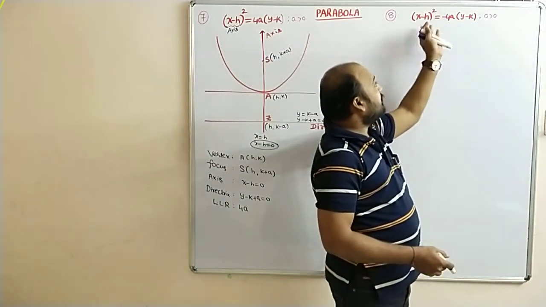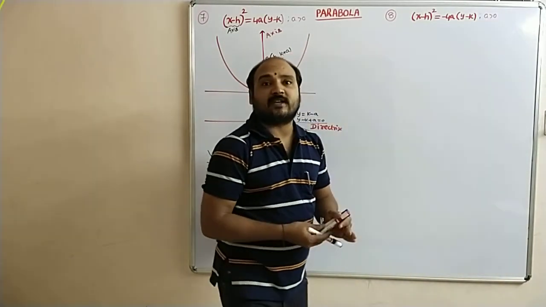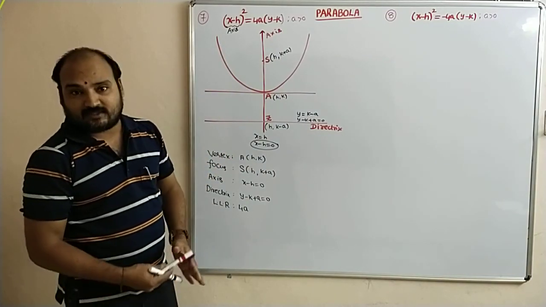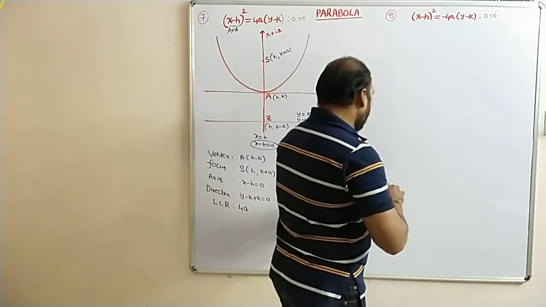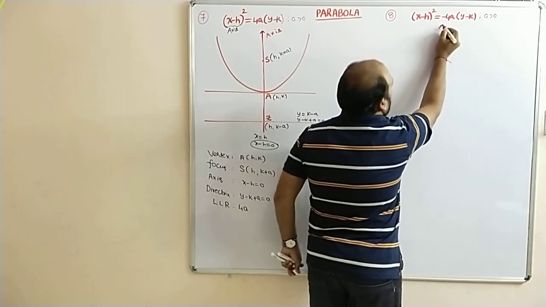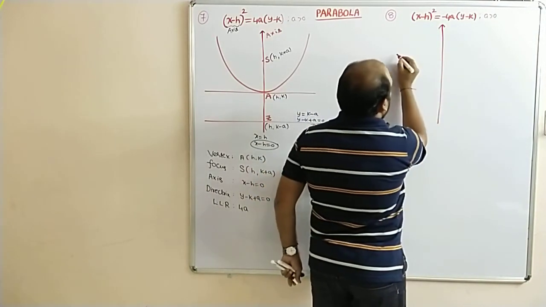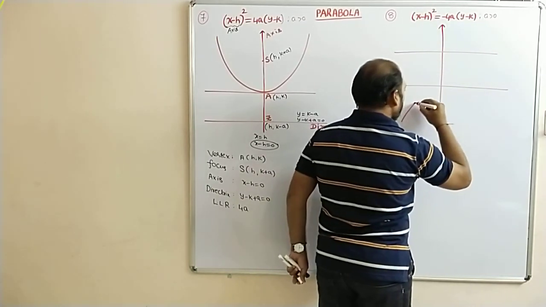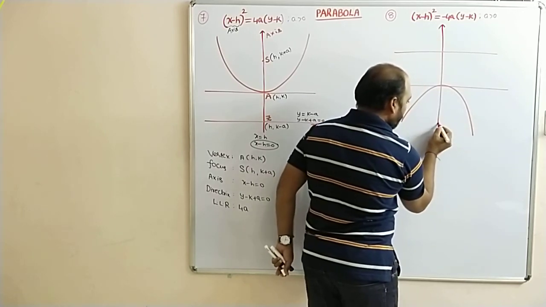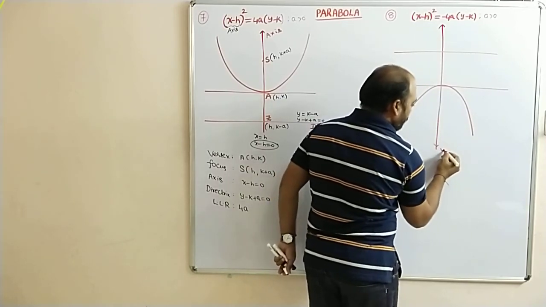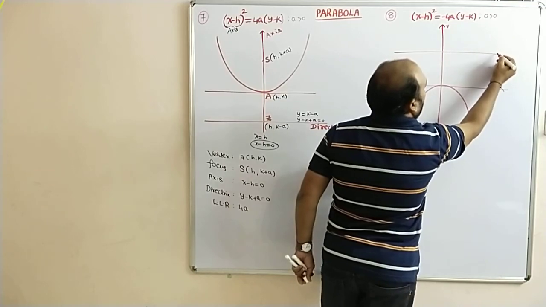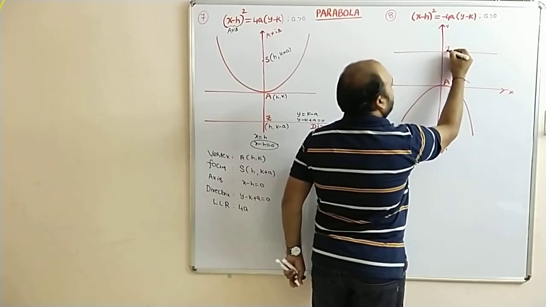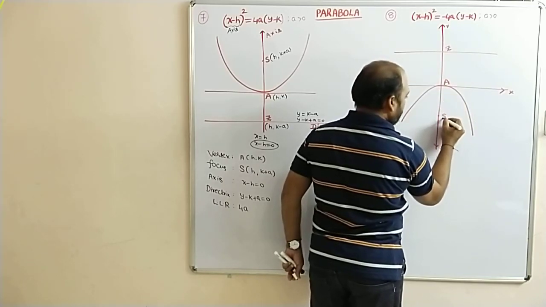Next, x minus h whole square equal to minus 4a into y minus k. The parabola is a downward parabola. It is symmetric about negative y axis. So the figure will become: vertex, Z, focus.